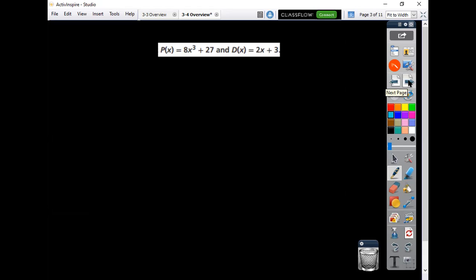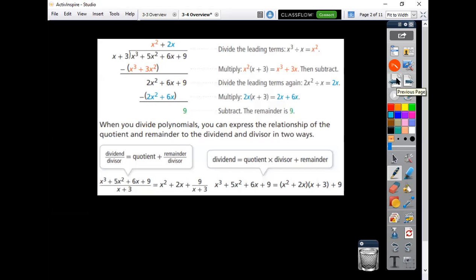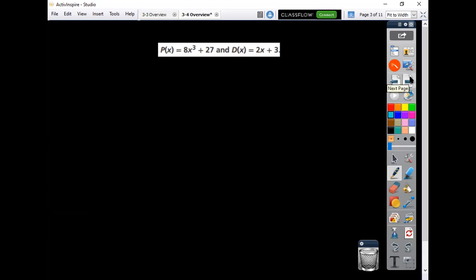So let's do another practice problem if we're supposed to divide this out. My divisor is 2x plus 3. And my polynomial that I'm trying to divide it into is 8x cubed.